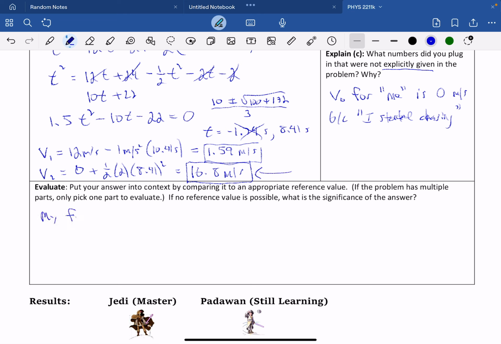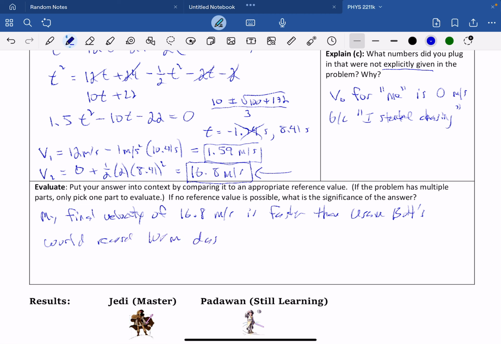My final velocity of 16.8 meters per second is faster than Usain Bolt's world record 100-meter dash of 12 meters per second.